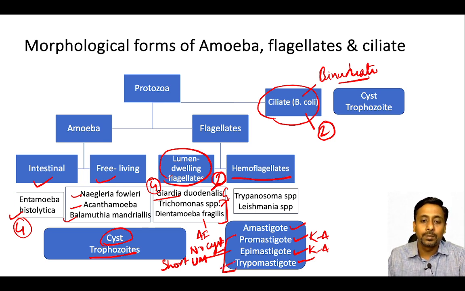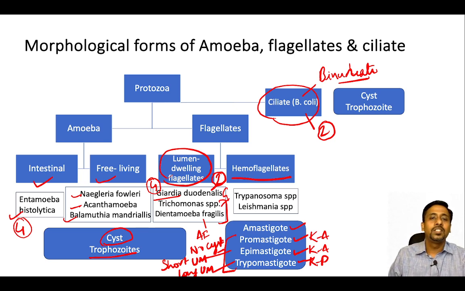Whereas in case of trypomastigote, the kinetoplast is posterior to the nucleus, and this time the nucleus is situated centrally, and it has a long undulating membrane through which the flagella runs before coming out from the anterior end. Okay, so these are the morphological forms seen among the hemoflagellates.